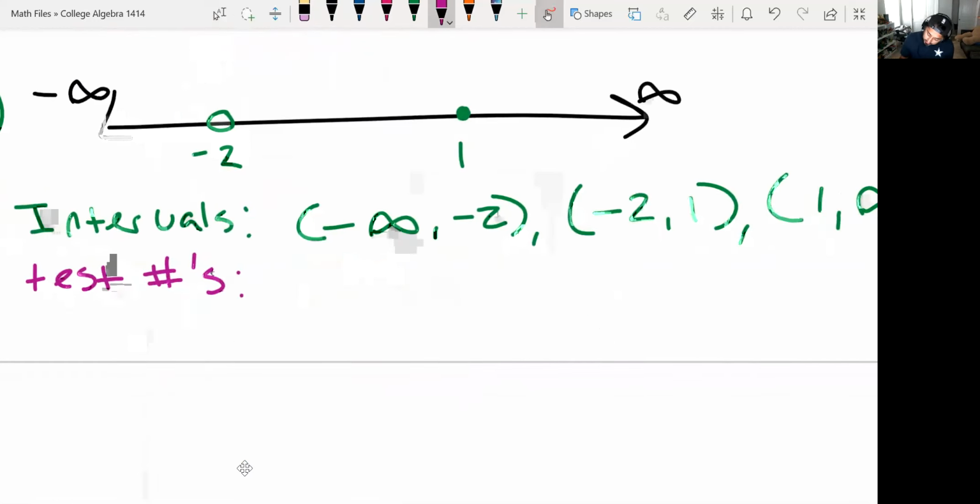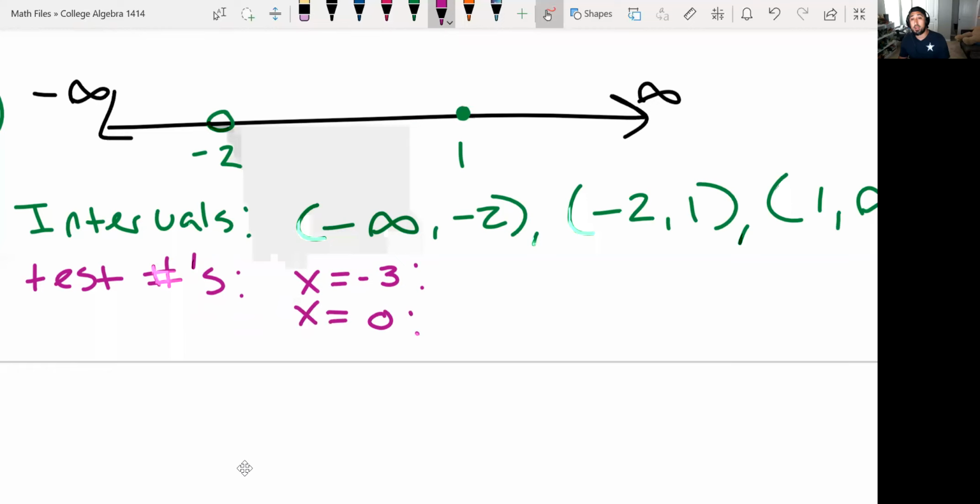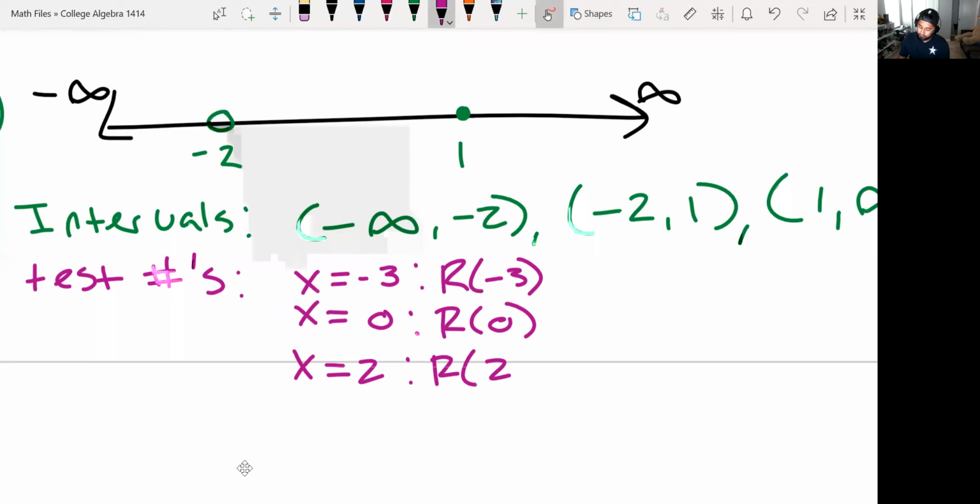And test numbers from negative infinity to negative 2, we'll pick negative 3. From negative 2 to 1, easy, we'll pick 0. And then from 1 to infinity, we'll pick 2. I'll fit it on the page later. R of negative 3, R of 0, and R of 2.